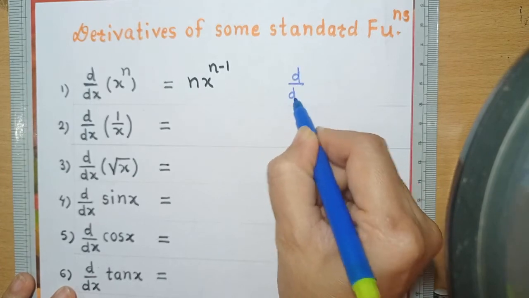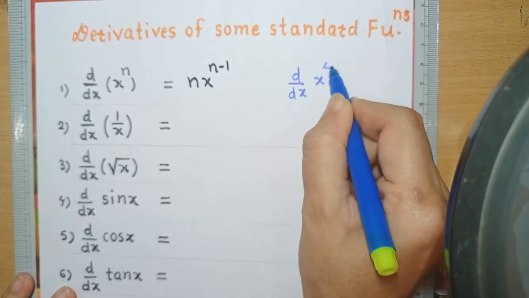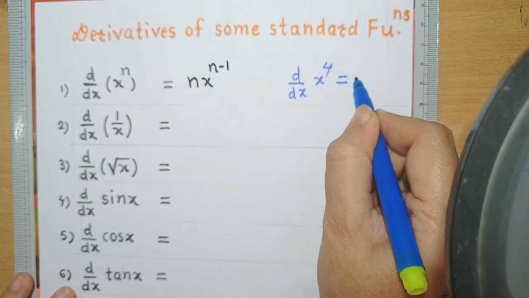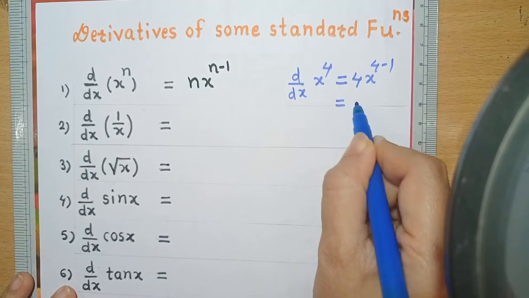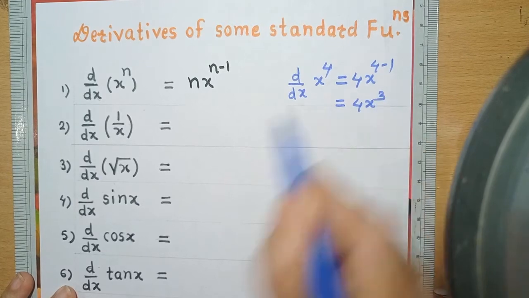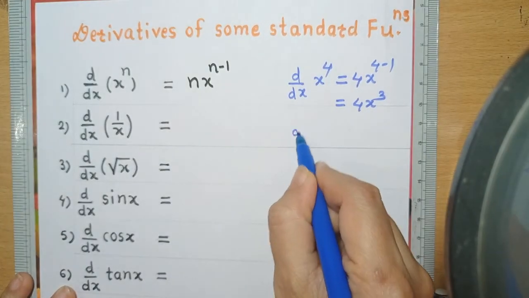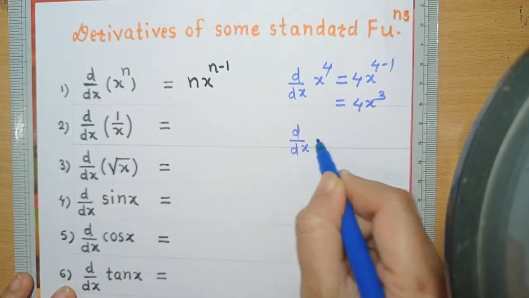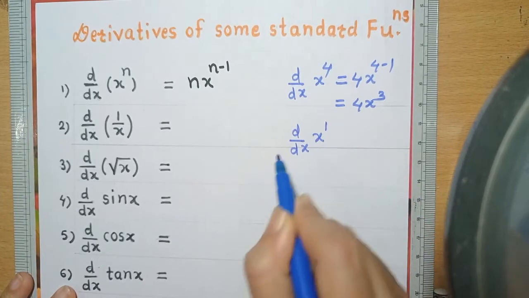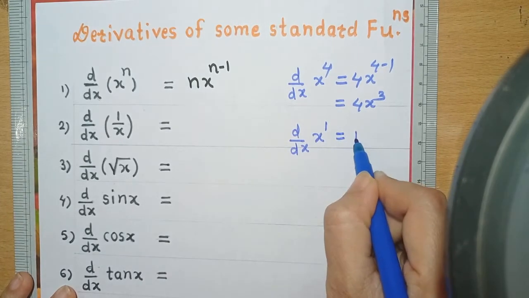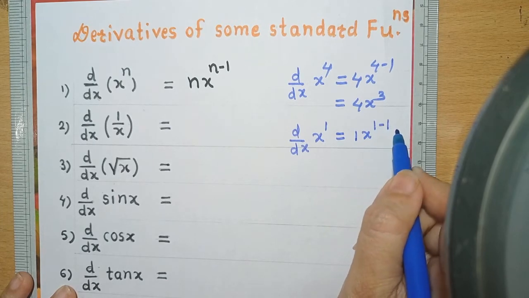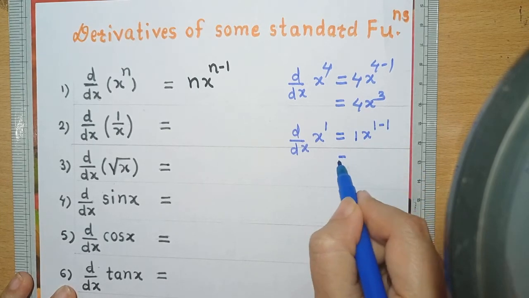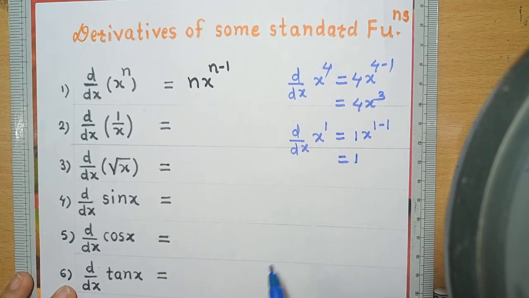D by dx of x raised to 4, then this 4 comes here, x raised to 4 minus 1, so that is equal to 4x cube. Suppose d by dx of x raised to 1, so 1 comes here, x raised to 1 minus 1, 1 minus 1 is 0, x raised to 0 is 1, and that is equal to 1.